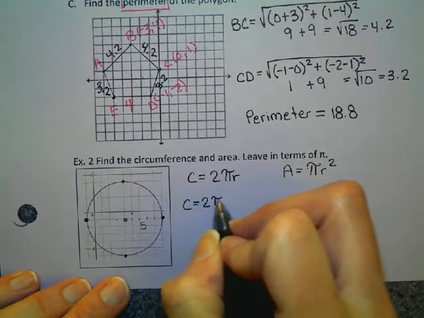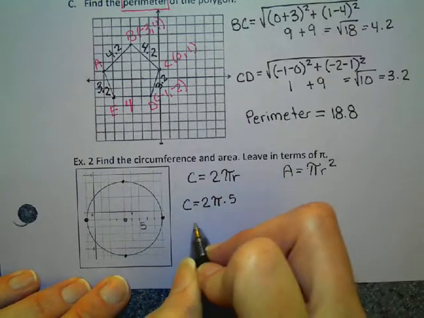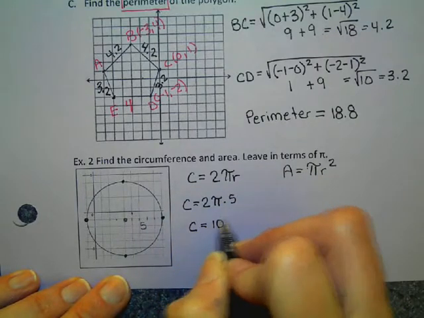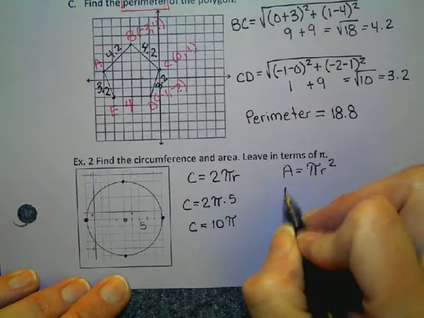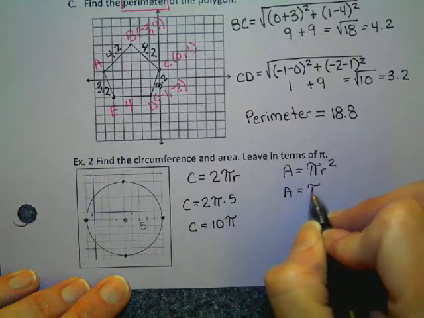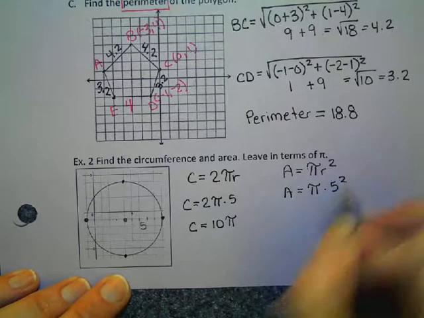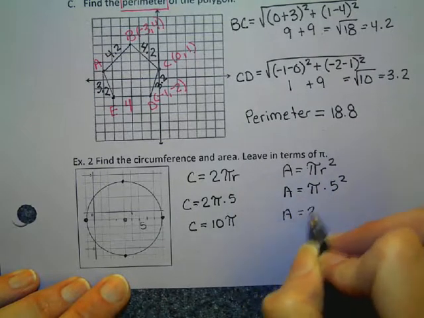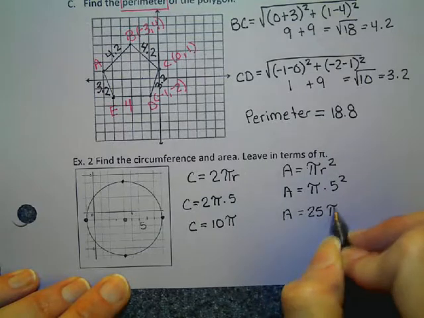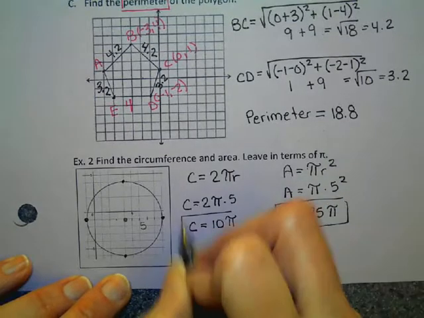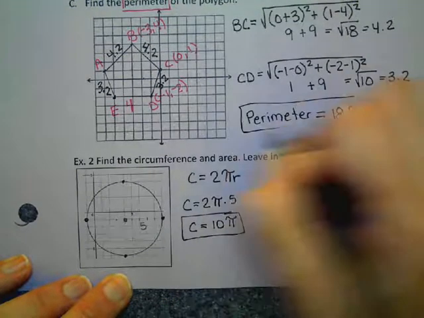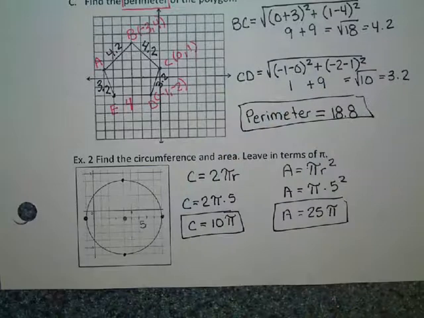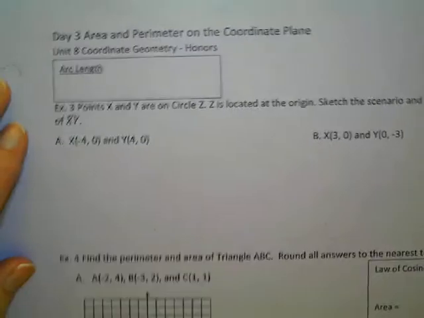So the radius equals 5, so C equals 2 pi times 5, so that would be 10 pi. Area equals pi times 5 squared, so area is 25 pi. Hardest thing about that is probably just finding the center.